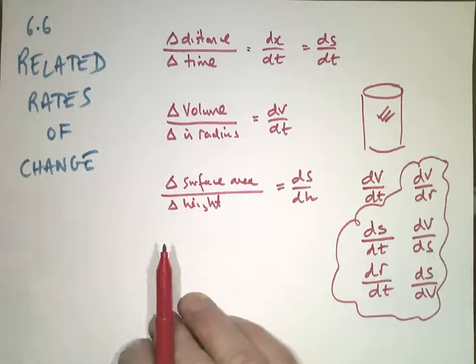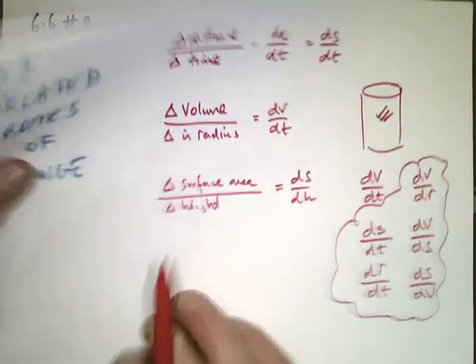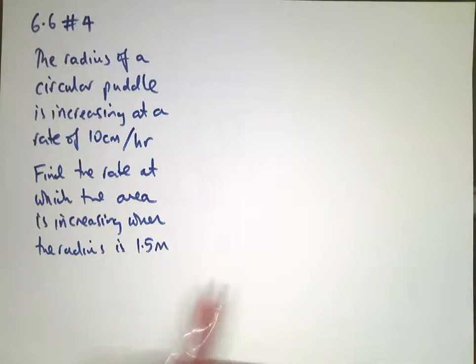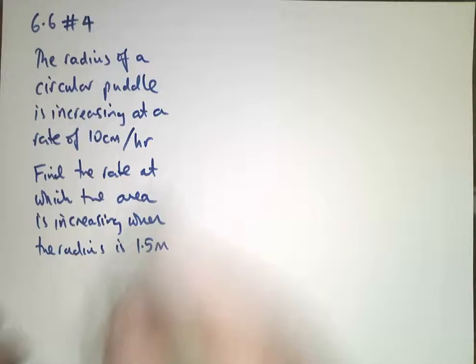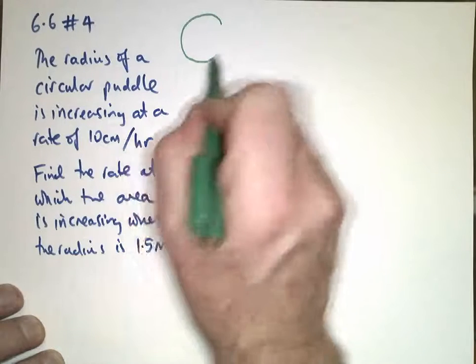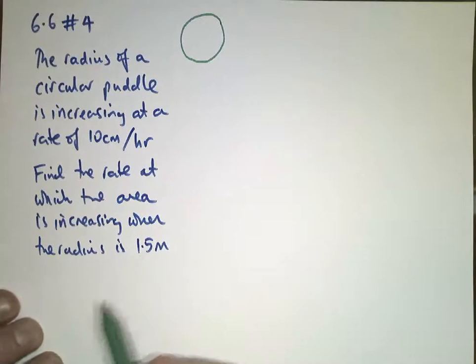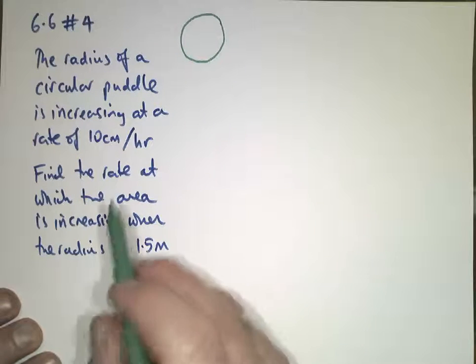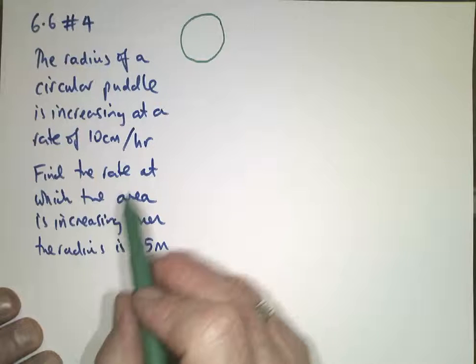Okay, a couple of examples out of 6.6. Question number 4. The radius of a circular puddle is increasing at a rate of 10 centimeters per hour. So I have a circular puddle, which is a circle. It's increasing at a rate of 10 centimeters per hour.